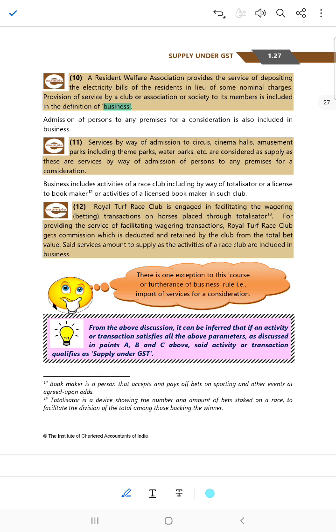Because if I'm importing something, yeah. So, if a person is importing a service, only a service, for a consideration, then it falls under the ambit of the definition of business, even if it is for personal use. Okay? So, irrespective of course or furtherance of business, import of service for a consideration is business.